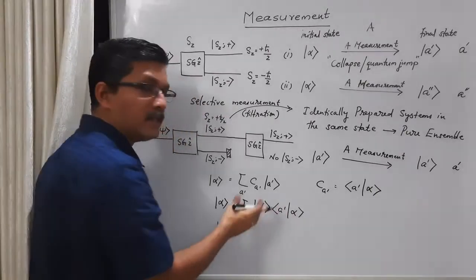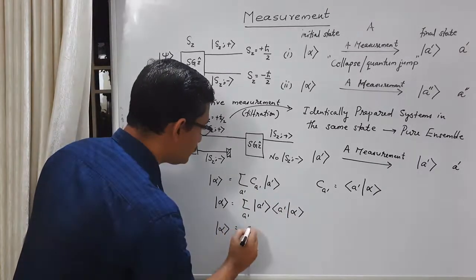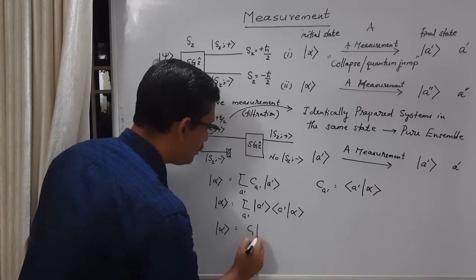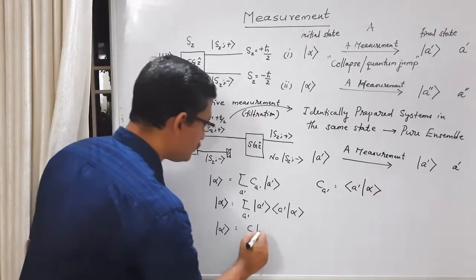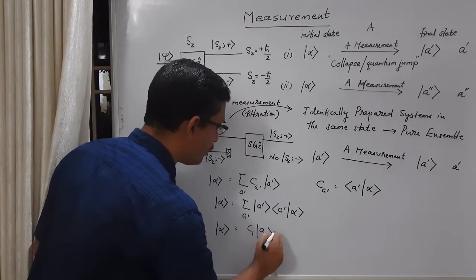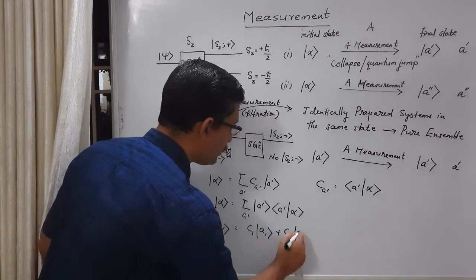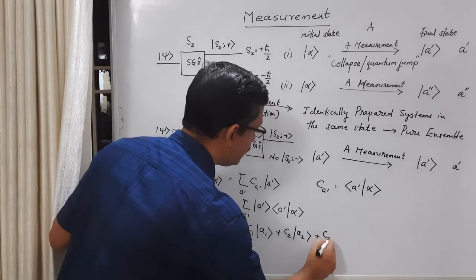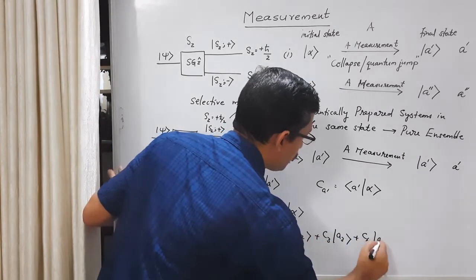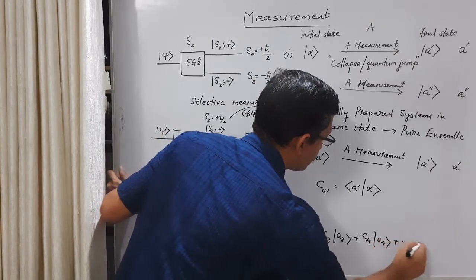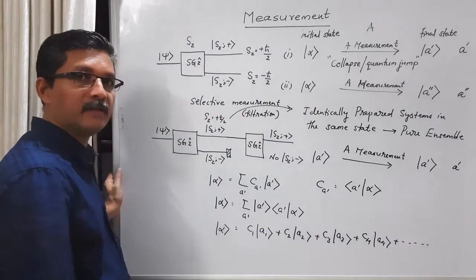Instead of this, let me use C A again. Instead of A prime, let me use subscript. So it is something like C1 ket A1 plus C2 ket A2 plus C3 ket A3 plus C4 ket A4, etc. Expansion is something like this.